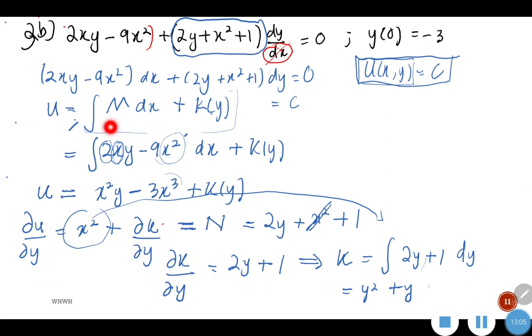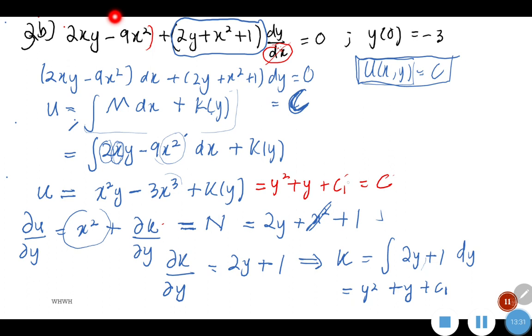And then yang kat sini ni, tadi kan dalam example 3a saya tambah dengan c, right? Okay, you may consider c, tapi macam saya cakap tadi, the whole thing is a big c, so you may consider it as c1. So maknanya jawapan kita adalah y square plus y plus c1 equals to c. C1 and c are two different constants.